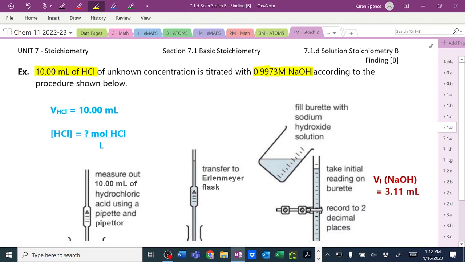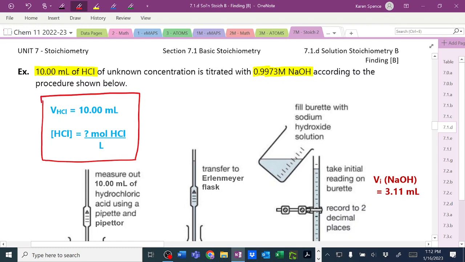So here we have information about HCl. We know its volume, we do not know its concentration. Is HCl the known substance or the unknown substance? It's the unknown, because it's the one with the question mark.